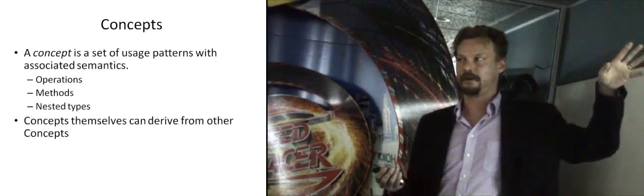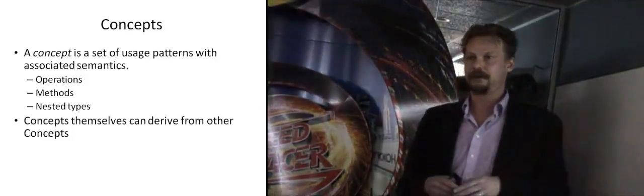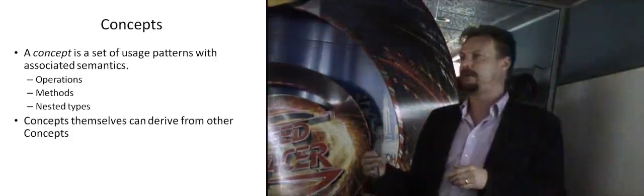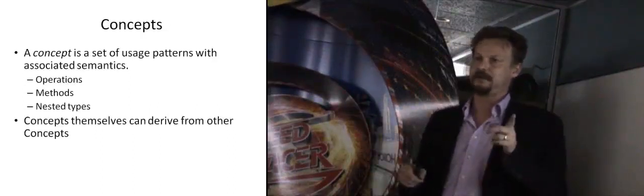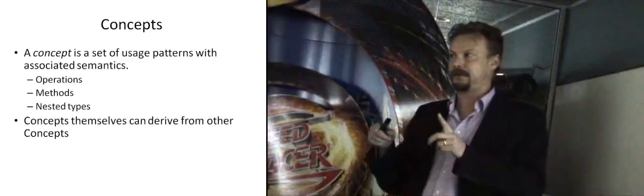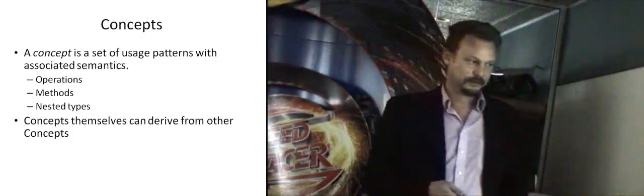All iterators have to have a dereference operator. But then a refinement of that is a forward iterator, where you can say P++. That means that if P is a forward iterator, P++ goes to the next element in the sequence. That's called a forward iterator, and that's a refinement of trivial iterator.